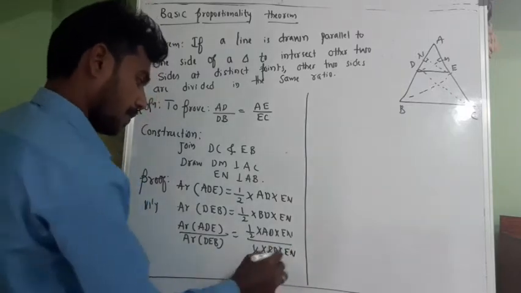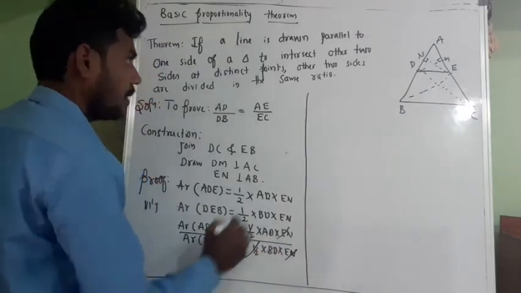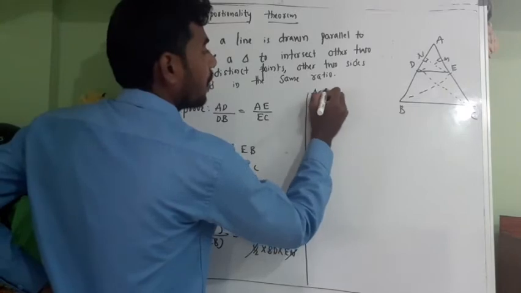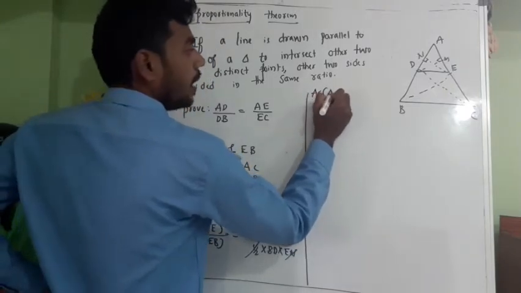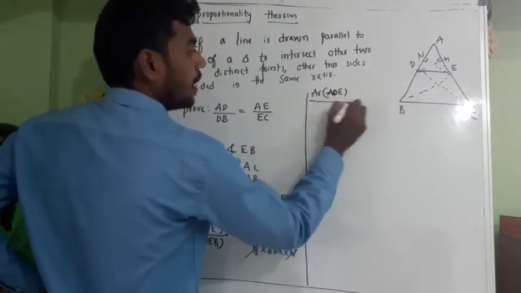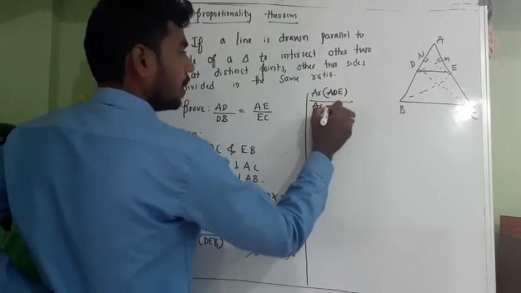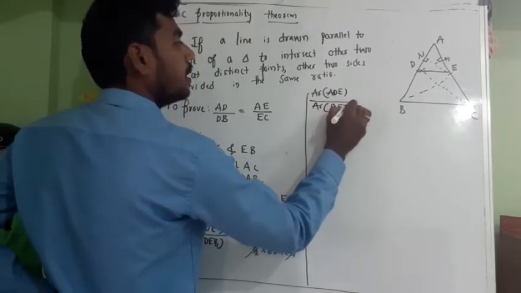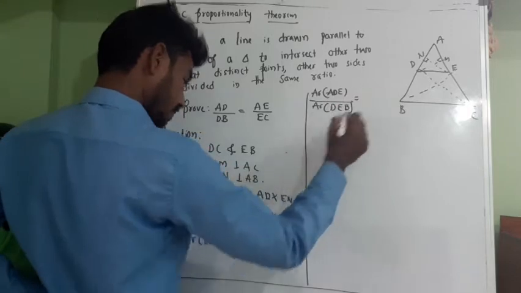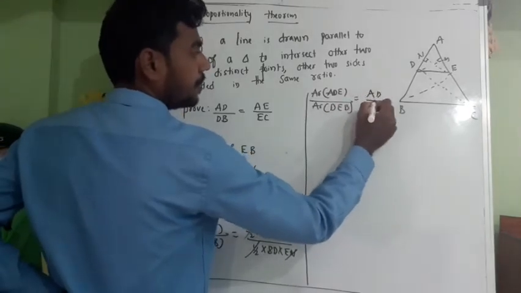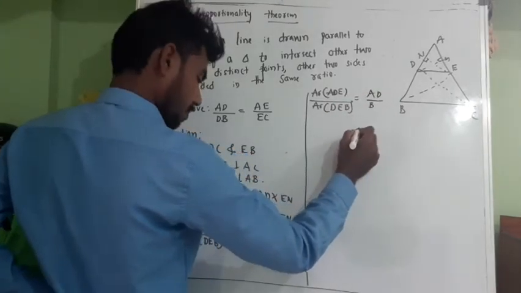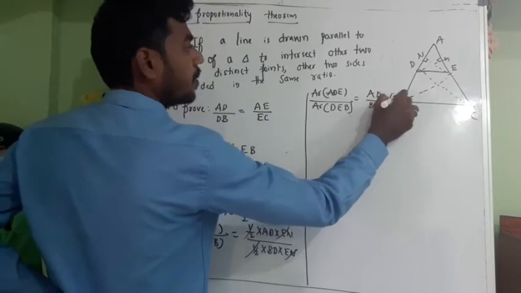So the half and EN will get cancelled. Therefore, area of triangle ADE divided by area of triangle DEB is equal to AD by BD. I will call it equation 1.